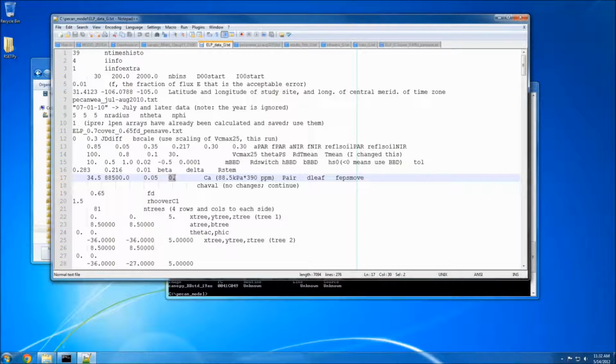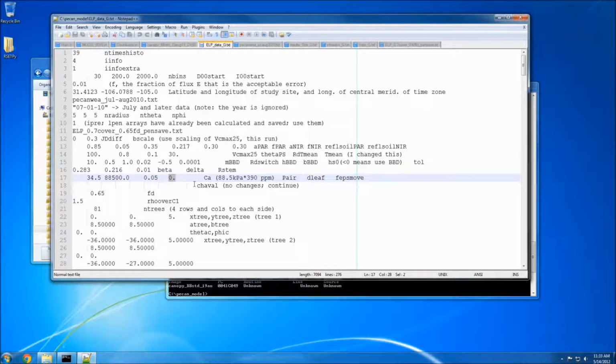A lot of other models fail to use this. They overestimate the downwelling radiation by 100 or more watts per square meter. I can simulate the effect of overlooking that by setting EPS move to something. If I set it to 1, it uses a hot sky that radiates at the same temperature as the air, basically.